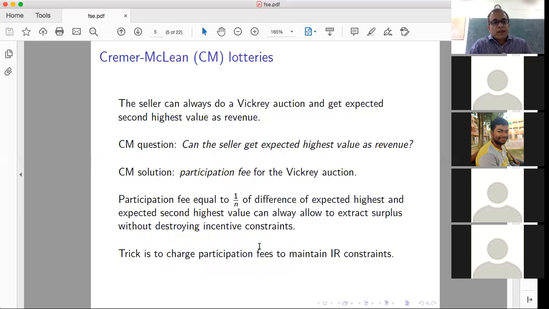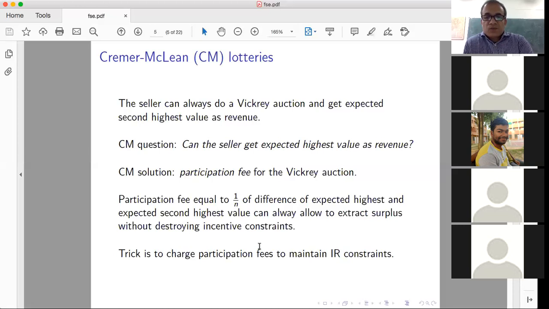First thing is that if you're interested in extracting full surplus, we should allocate the object to the highest valued bidder all the time. Because if you don't sell the object, like we do in the optimal auction at some type profiles, then at those type profiles we are not generating enough surplus anyway. So there is no hope of extracting full surplus.